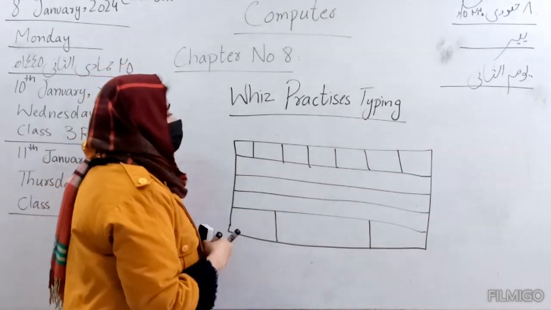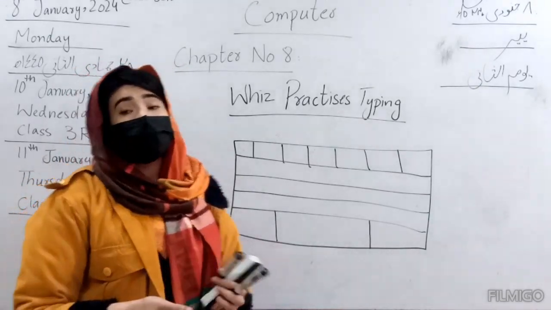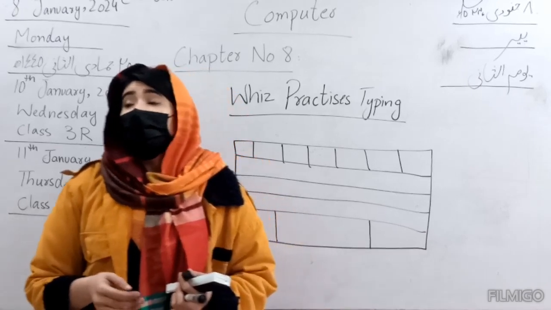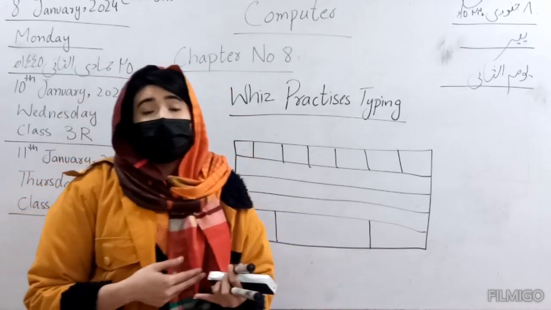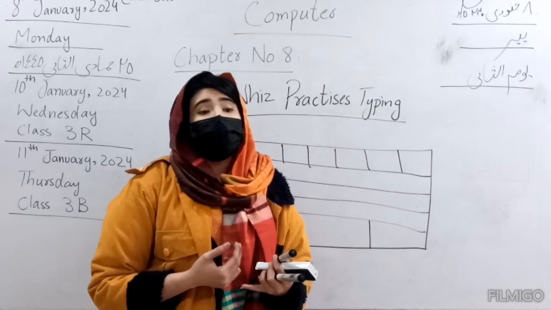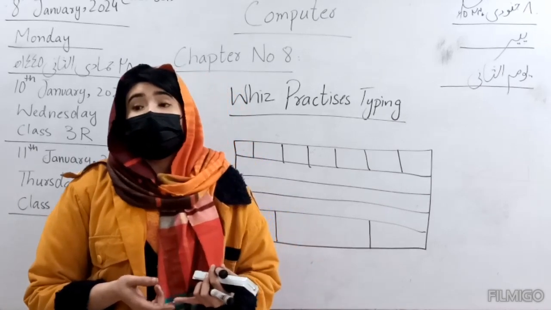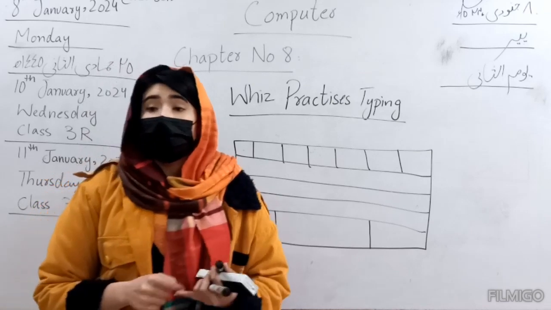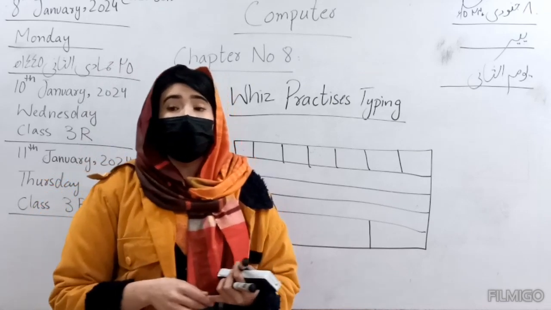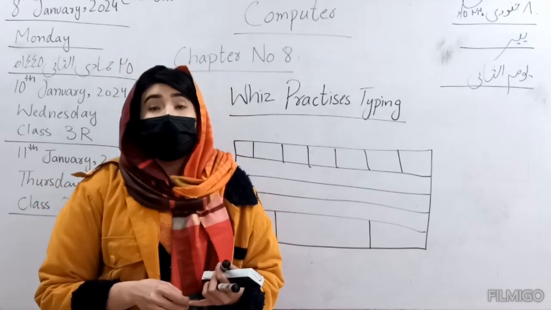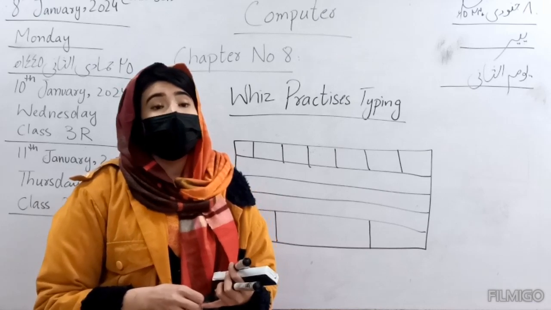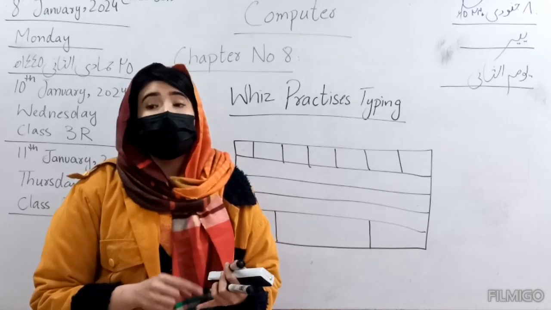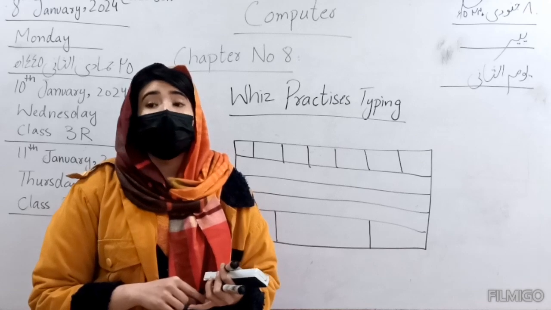And the alphabet keys are the letter keys which have alphabets, A, B, C, D, E, F, G. And the numeric keys are the number keys in which we type numbers 0, 1, 2, 3 and onward. And in alphanumeric keys, we have the keys of symbols, alphabets and numbers.